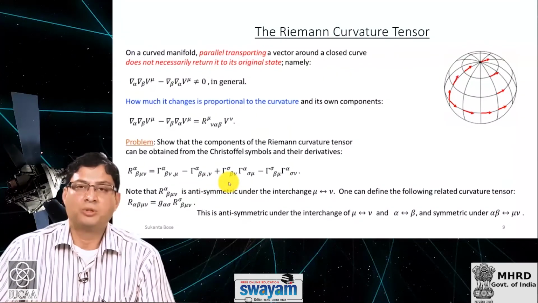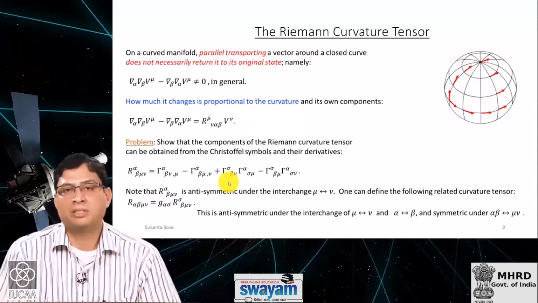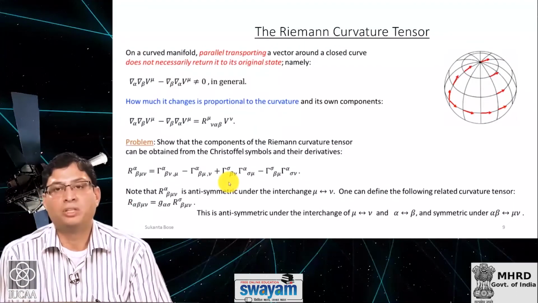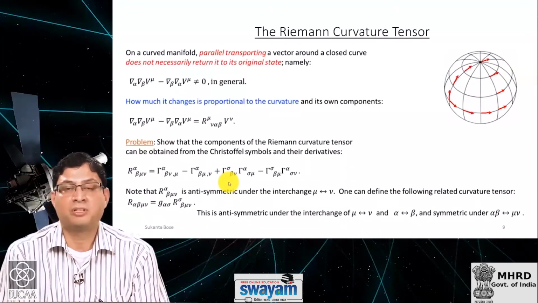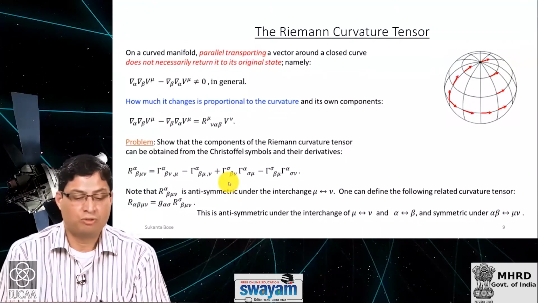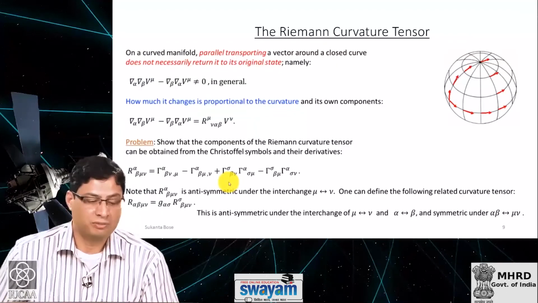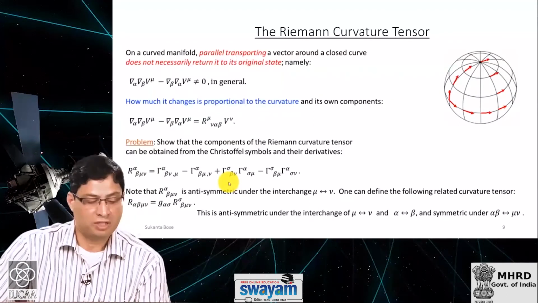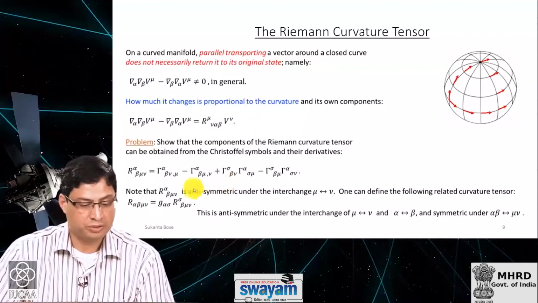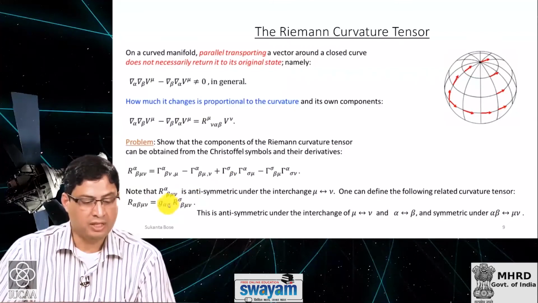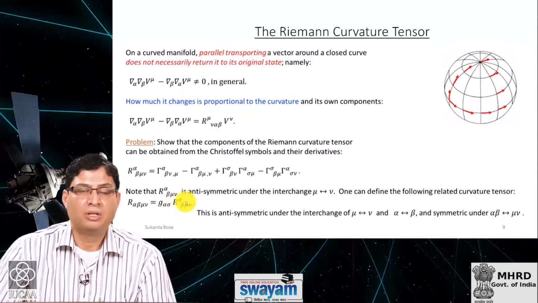I showed you an example of how you can calculate the Christoffel symbols knowing the basis vectors, but you also have an expression for the Christoffel symbols in terms of the metric. So if you use them, you can therefore infer the components of the Riemann curvature tensor. Now, for ease of use, we sometimes lower this top index using the metric.